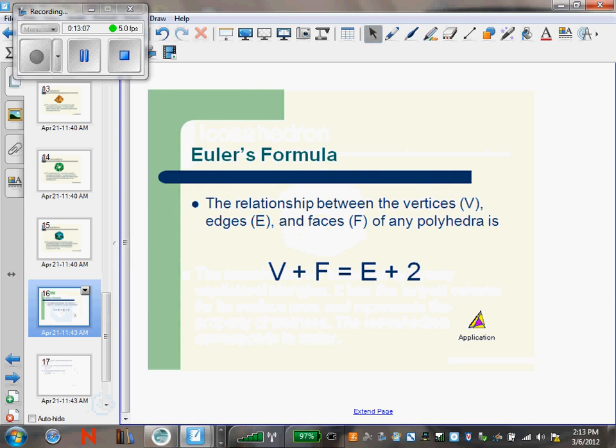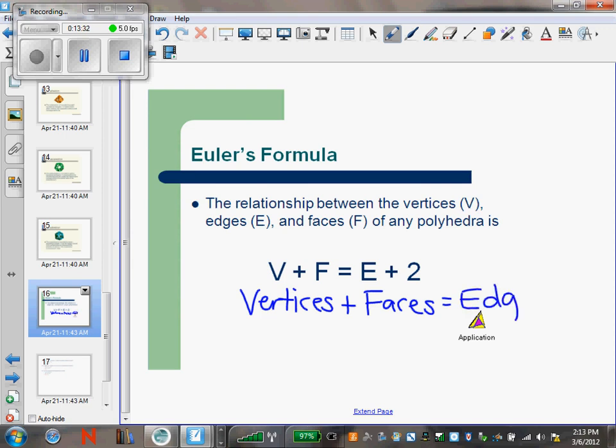Euler's formula, the relationship between the vertices, edges, and faces of any polyhedra is V for vertices, so the number of vertices plus the number of faces will equal the edges plus 2.